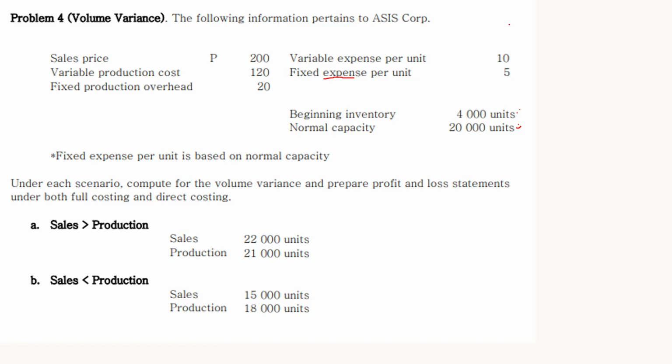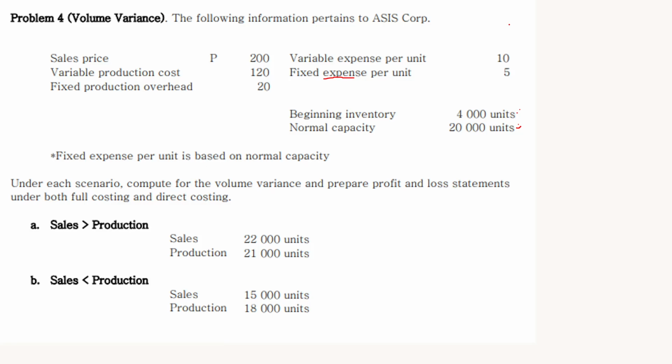The predetermined overhead rate is set before the actual production. Bago pa magkaroon ng production, yung predetermined overhead rate, ginagawa na natin. Now, what is our best guess as to what's the expected production?